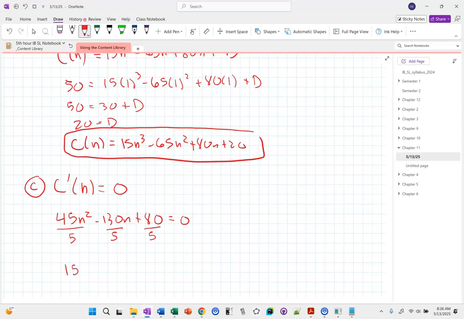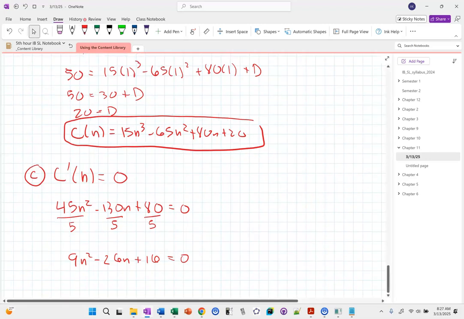So that's 9n squared minus, 130 divided by 5 is 26, plus 16, I think.